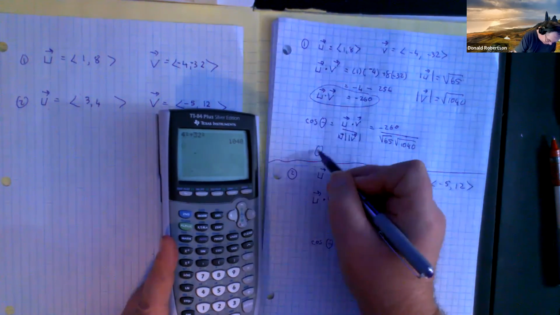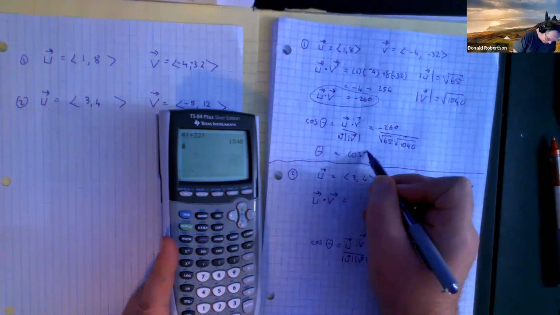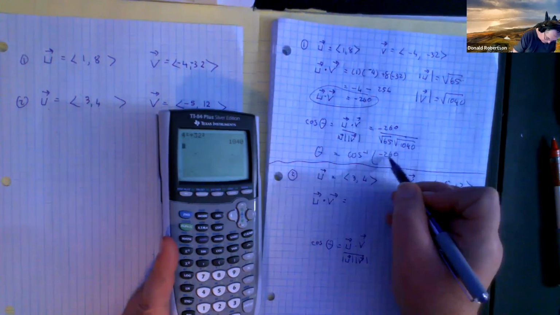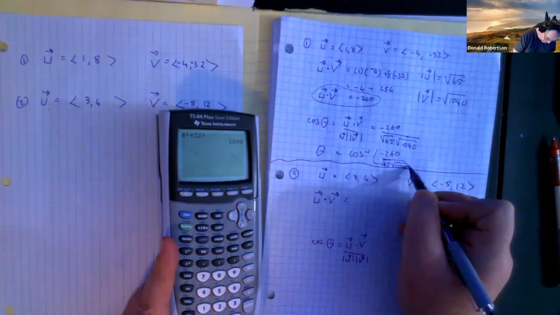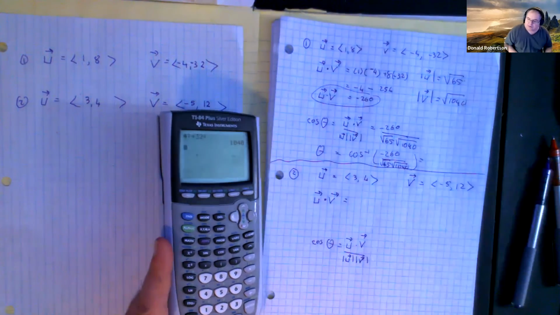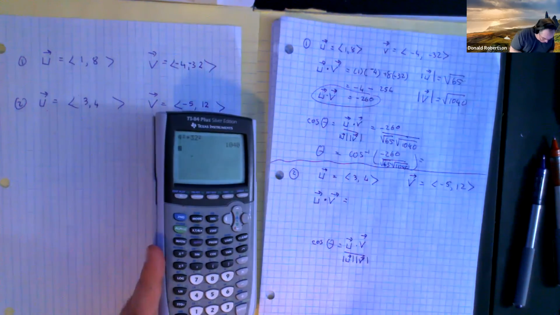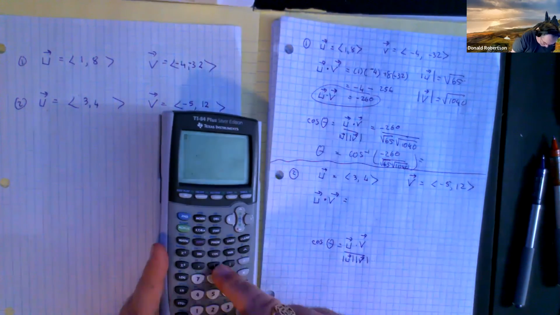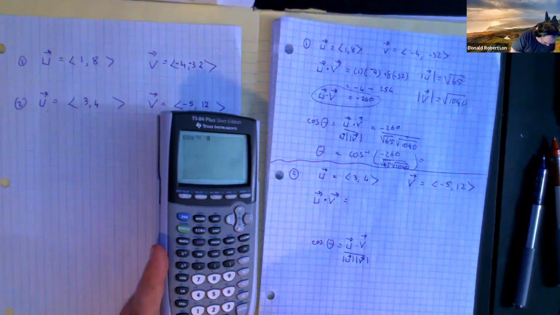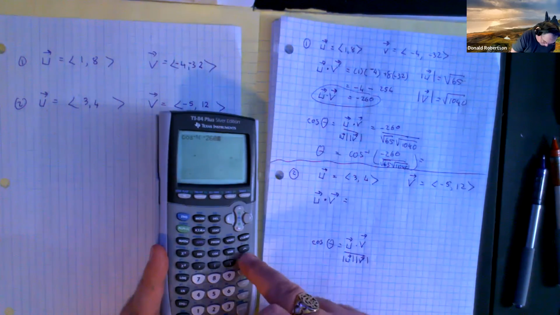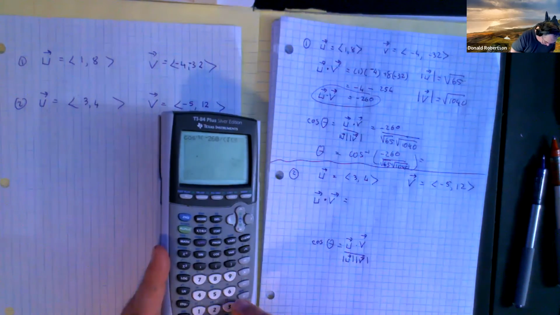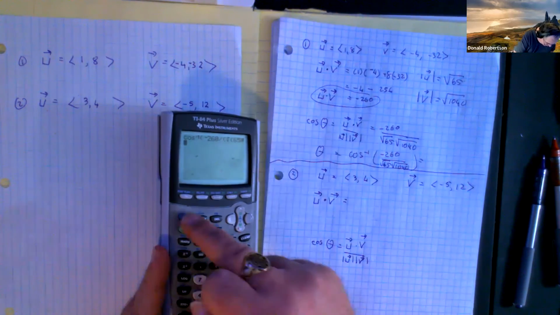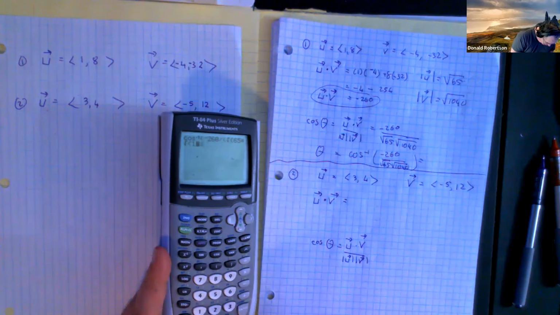Right, so theta is the inverse cosine of this guy. And I believe it's 180 degrees. Is that what you got? 180? Let's see. Inverse cosine, -260, divided by square root of 65 times square root of 1040.